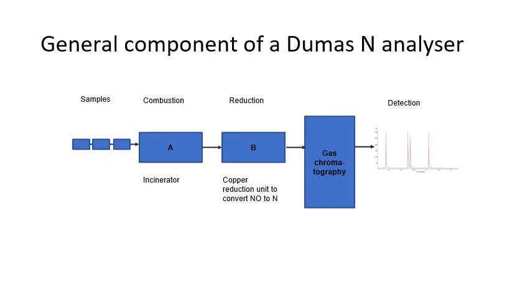Here is a general overview of the components of a Dumas nitrogen analyzer: the sample is combusted in the incinerator and then further reduced in a copper reduction unit to convert nitrogen oxide to nitrogen, and then this goes online to the gas chromatography and is detected as a spectrum.